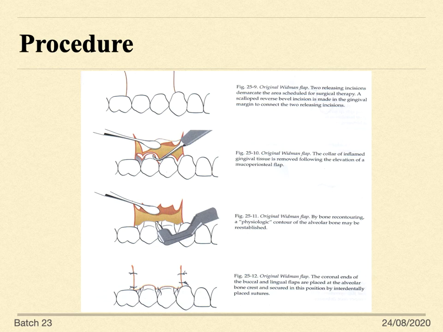In Widman's flap, the internal bevel incision is pointed more apically to the crest of alveolar bone, and the flap is raised, the wedge of tissue is removed, and the bone recontouring is done. If the bone contour is not in a physiological contour, the bone recontouring will be done and the flap is placed back and sutured. That's the difference between your modified Widman and Widman's flap.